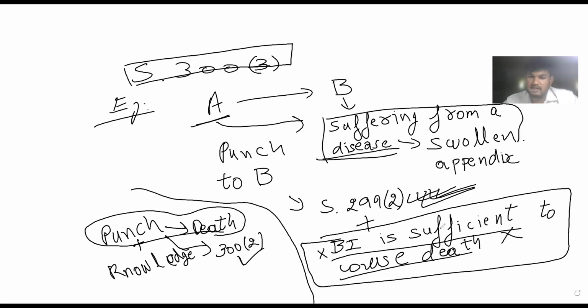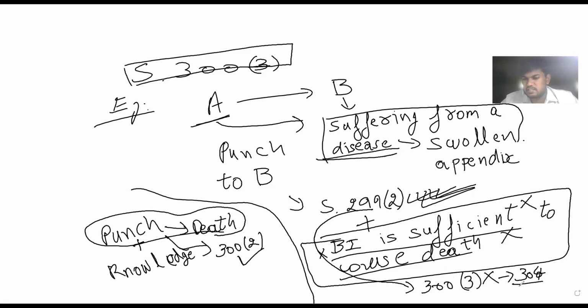And since this part is not proved, the case will not fall in section 300, third part. Hence, culpability will be under section 304. To which part?